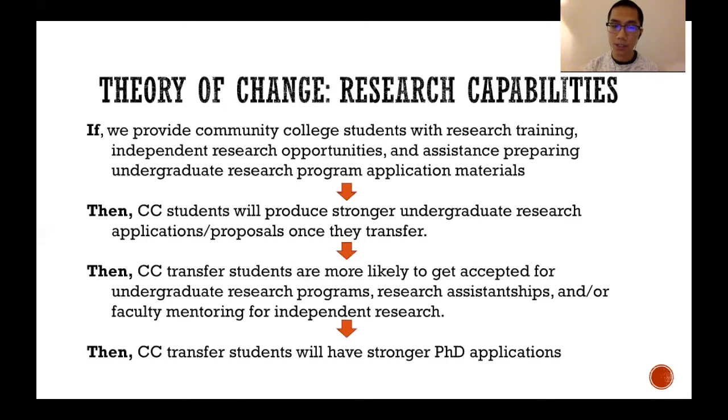Then community college transfer students are more likely to get accepted for undergraduate research programs, research assistantships, and/or faculty mentoring for independent research. Then community college transfer students will have stronger PhD applications because, according to Julie Posselt's research, having undergraduate research experience and research experience in general is a vital criterion within PhD admissions.